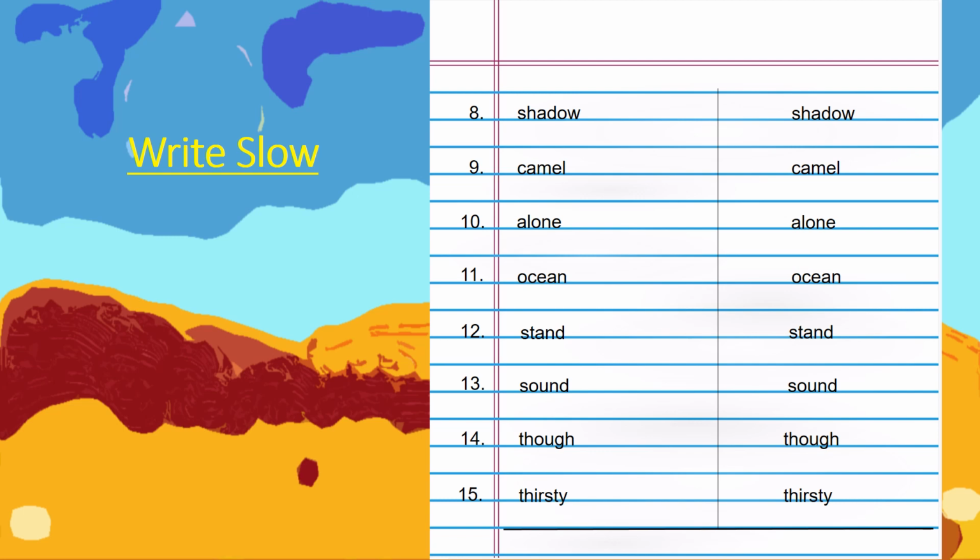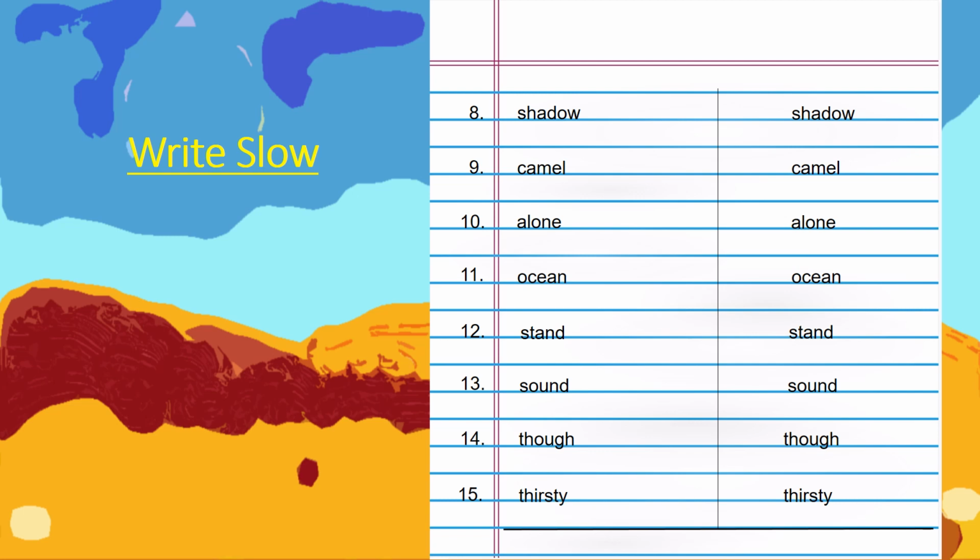So my 8th word is shadow. 9th is camel. 10th is alone. 11th is ocean. 12th is stand. 13th is sound. 14th is though.